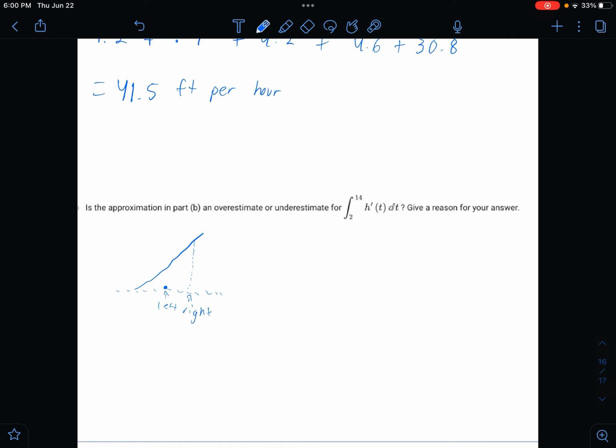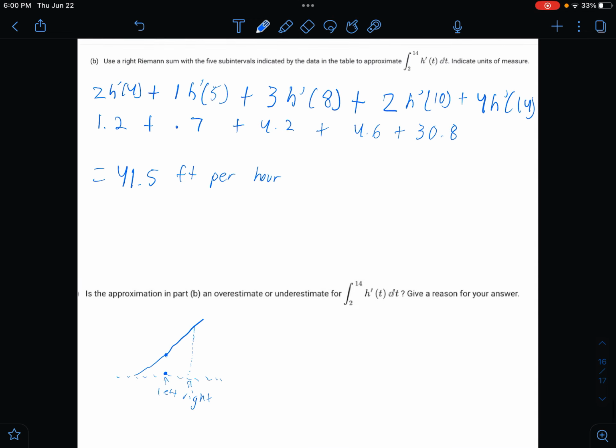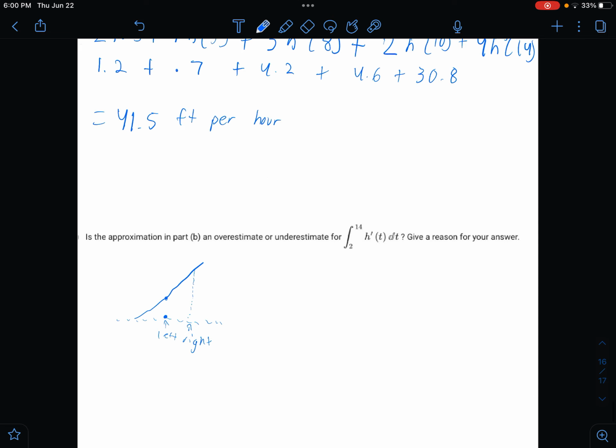This is the left side. The next point is here, and the left point is right here. Since we're doing a right Riemann sum, we start from the right, go up, and then turn left in a straight line, and then go right down to connect to that point.